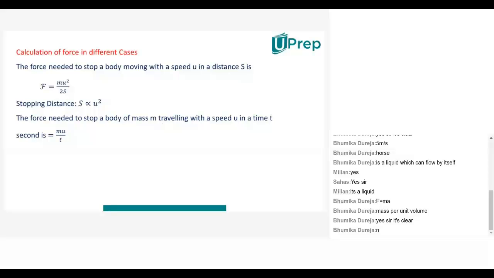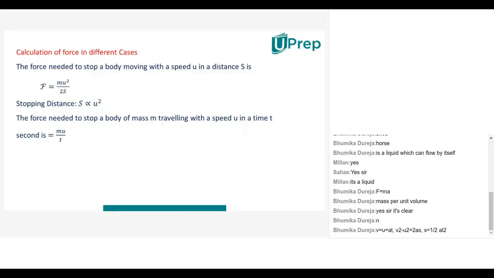How will it be mu square by 2s? Do you know? No, sir. Okay. Do you know about the equations of motion? Anyone? Equations of motion. Yes, sir.